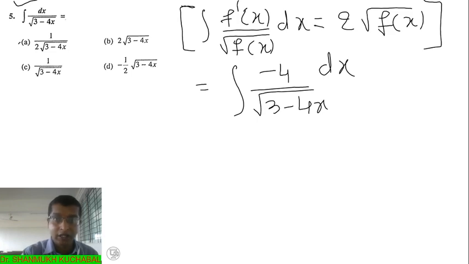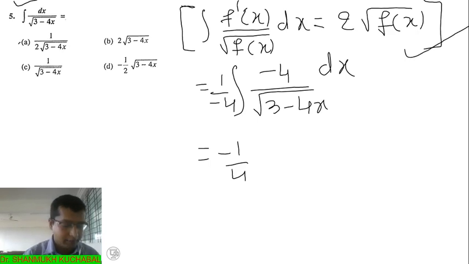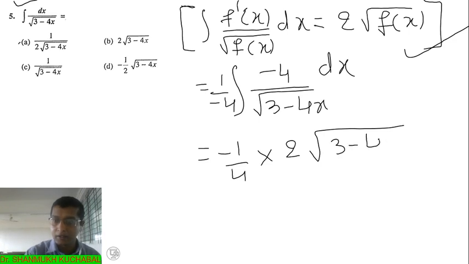Minus 4 is extra, so we have to balance it by dividing by minus 4, so minus 1 upon 4. Using the above formula, we can write this as multiplied by 2 times the square root of f of x, where f of x is 3 minus 4x.